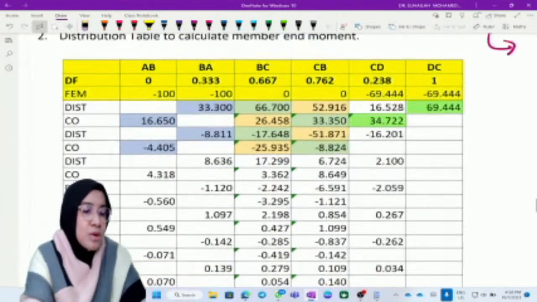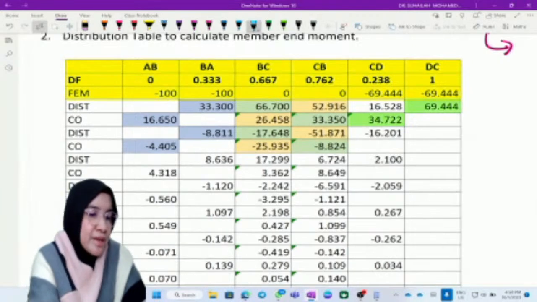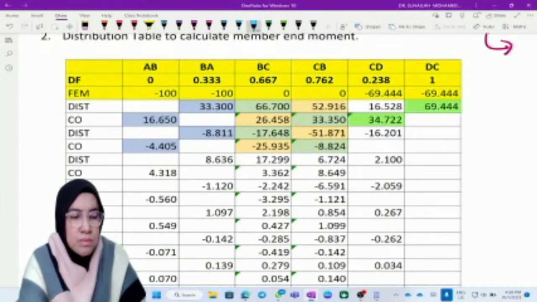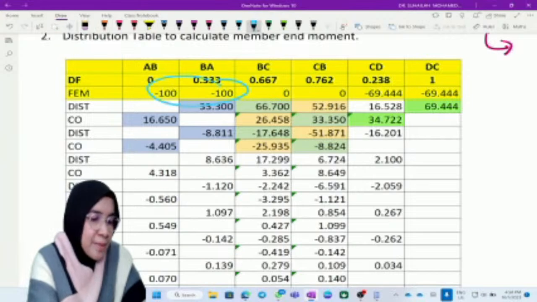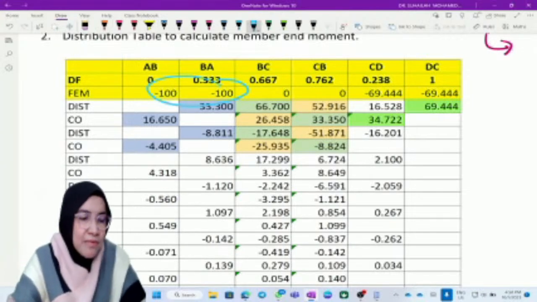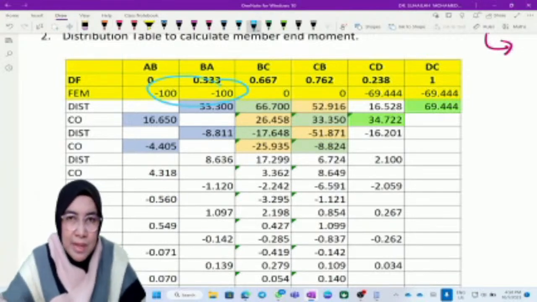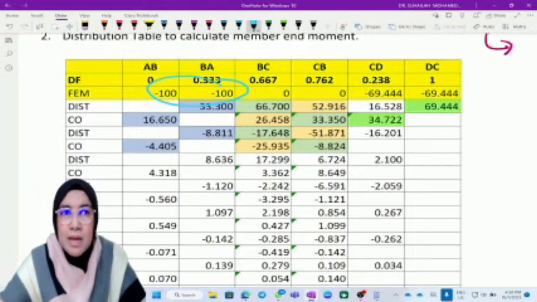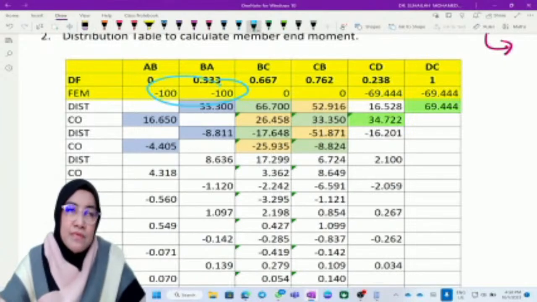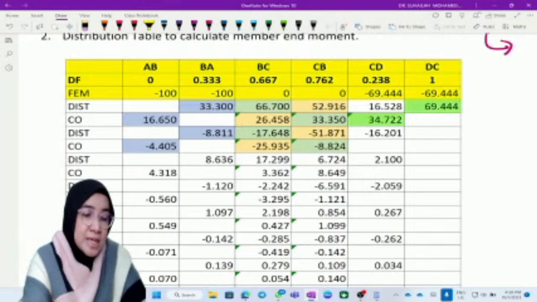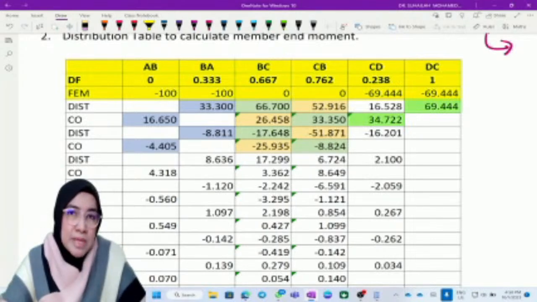So we put in the FEM that we assumed for AB. For AB, it is negative 100, negative 100. AB and BA have the same behavior, the same sign. There is no vertical displacement at BC, which is why for member BC the delta is 0.